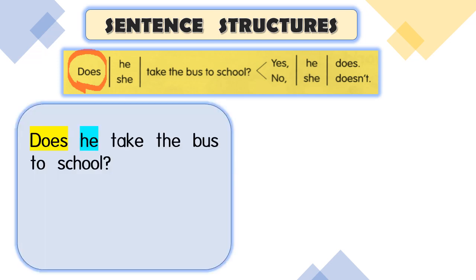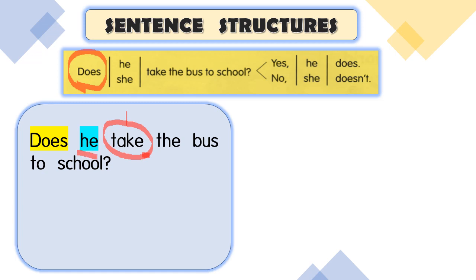Does he takes the bus to school? Does he take the bus to school? Why don't we put S here? Bear in mind that when it's a question, you must use the root word here. We use the root word when we ask questions. It doesn't matter whether the subject is singular or plural.